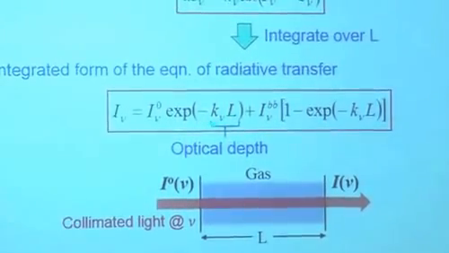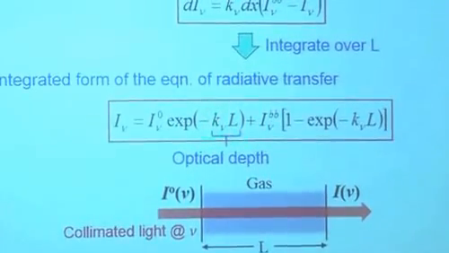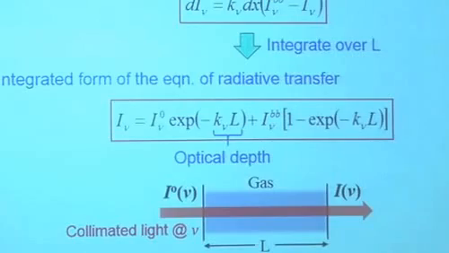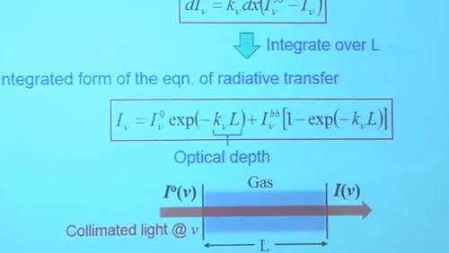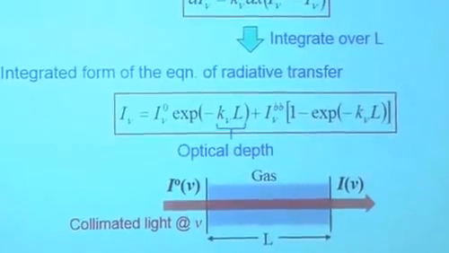If K nu L is big, optically thick, none of that light gets out, but what gets out is the black body emission. If K nu L is small, it's called optically thin. So the two limits are optically thin and optically thick.